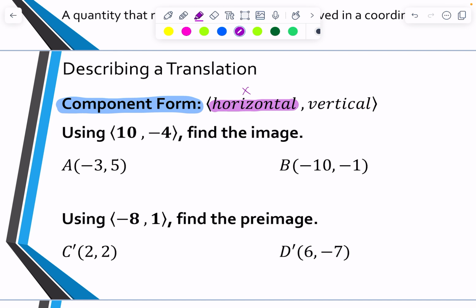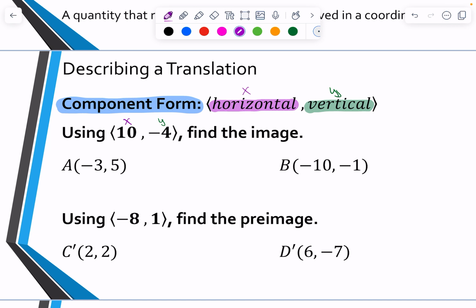And then it will tell you your vertical movement, which will impact the y value. So when we look here, it says using the component <10, -4>, find the image. So remember, the 10 is impacting the x, the -4 is impacting the y.